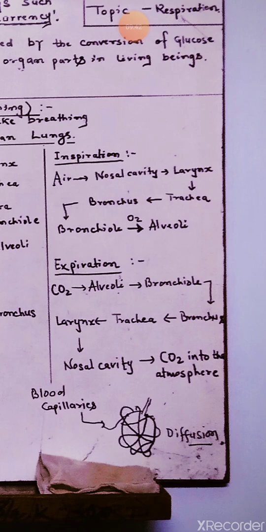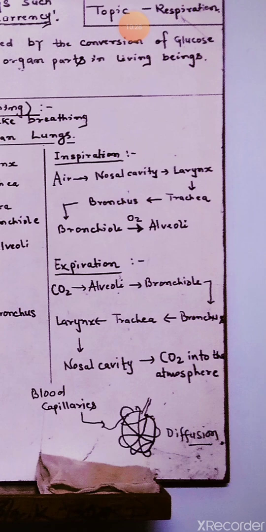Before expiration, such O2 is diffused into the blood. How is it possible? O2 is diffused into the blood by the diffusion mechanism. When the concentration of O2 increases in the alveoli, it comes into the blood vessels by the diffusion process.